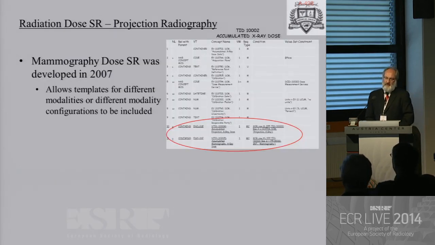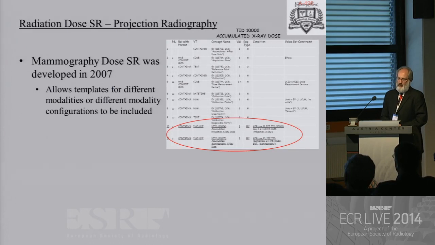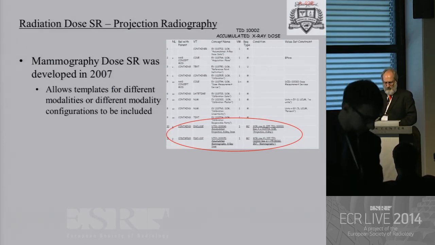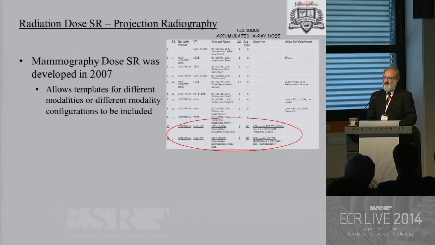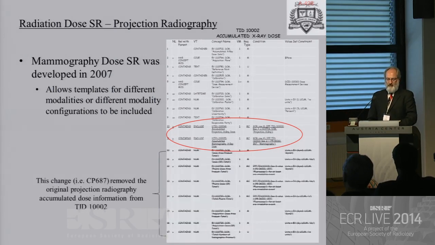In 2007, they did a change proposal, which became a supplement to say, let's put mammography in there. So now it wasn't just for a plain radiograph; it says, oh, we might have mammography. Because of this, they changed it all.